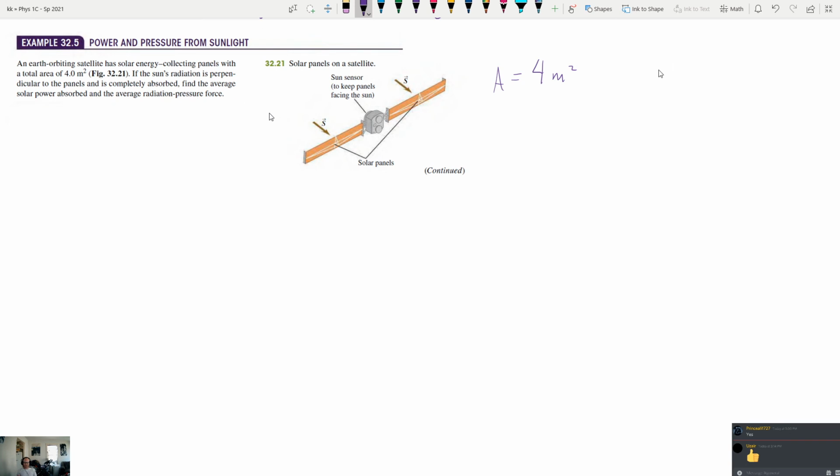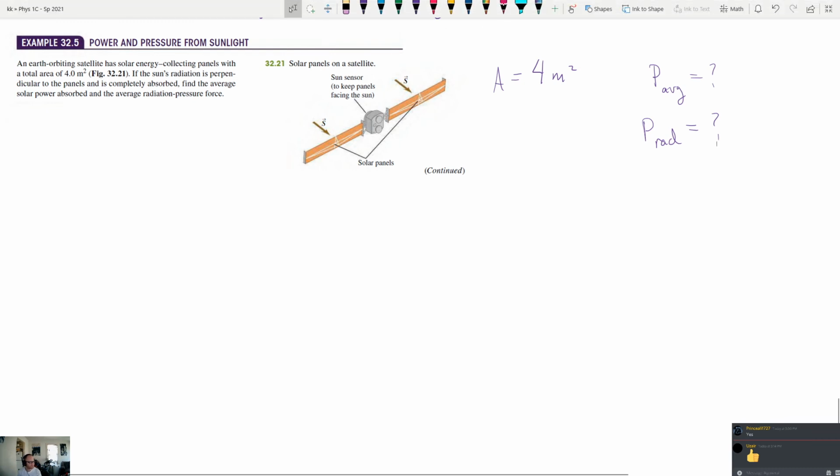So we want to find the average power absorbed and the average radiation pressure force, which would just mean to find the radiation pressure, right? Okay. Are we going to use the 1300?